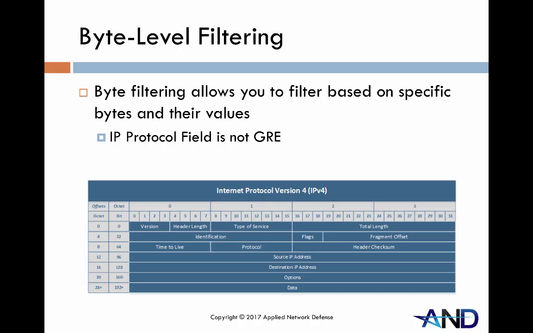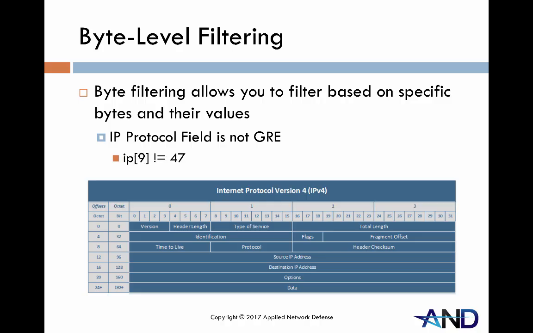So if you count the first byte starting at 0 and move along to get to the protocol field, you're going to find that protocol exists at byte 9, or at the 9th byte offset from 0. And you see I'm moving my mouse around that right there. So we're talking about the 9th byte offset from 0. Now, what that means is we have to specify that 9th byte offset from 0 in our filter and say that's where we want to look. And once we do that, we can actually apply an operator and a value to it.